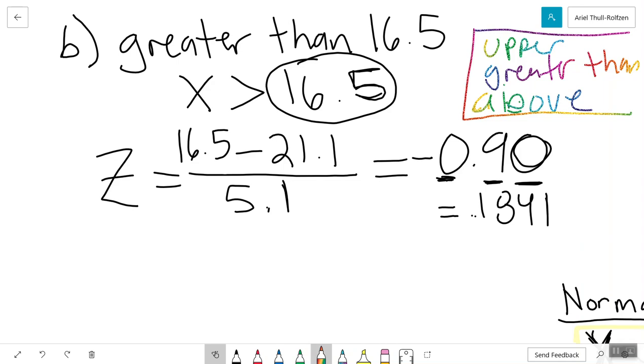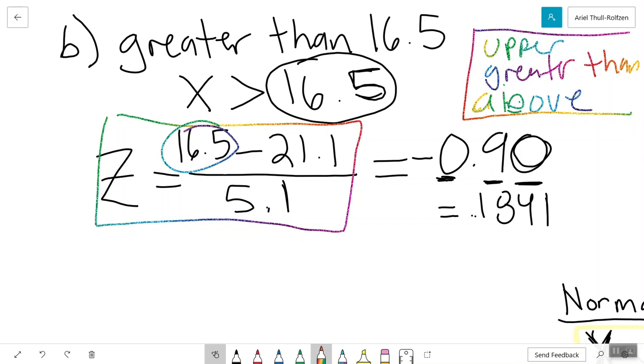The road to get to the probability is going to be the same. We're going to start out with the equation, plug our X value in, get our z-score, and plug it into the table to get our probability.